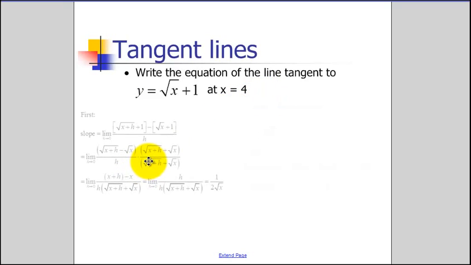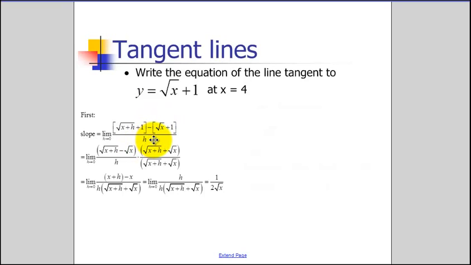Well, to find the slope, we're going to use the formula that we just had a minute ago. So this is the instantaneous rate of change, or the slope of the tangent line. And I have to take the limit of f of x plus h, so I've plugged x plus h in for our radical here, plus 1, and then minus f of x, over h.